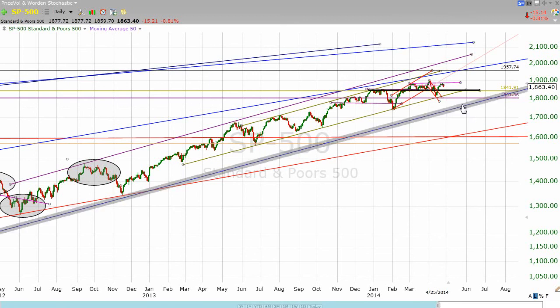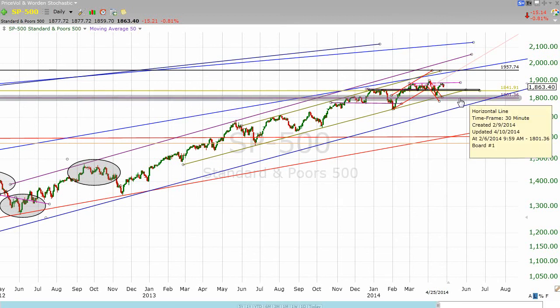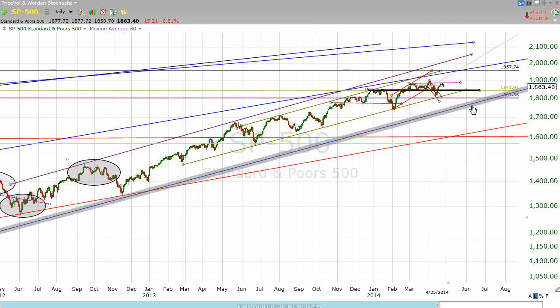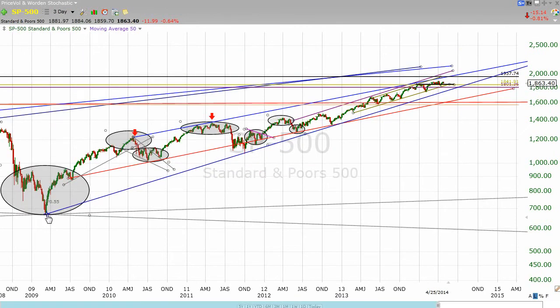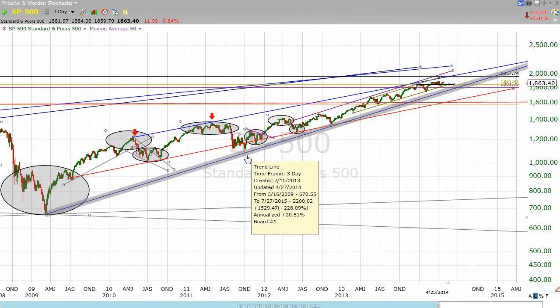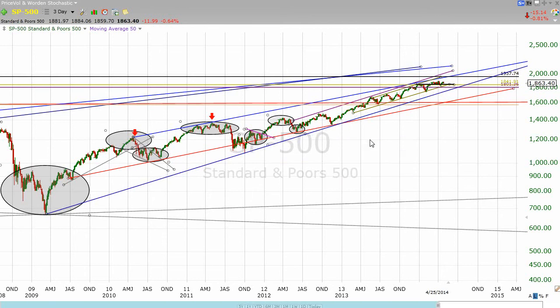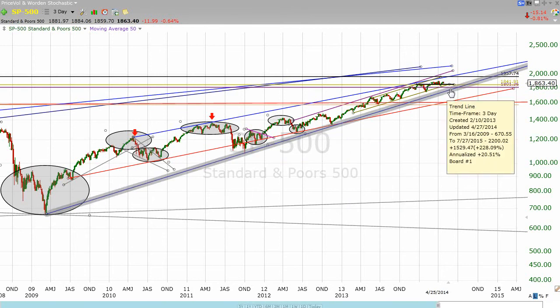Before we get there, we'd have to get through 1800. 1800 could also give us a bounce, but really this would be the first long-term line that goes all the way back to the beginning of this bull run. So you see there's that line right there. The original low, March 9th, a touch October of 2011, another touch in November of 2013, and we haven't been down to challenge this line since. At some point we will.